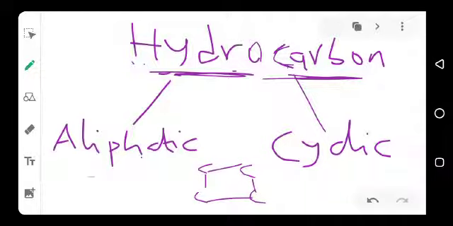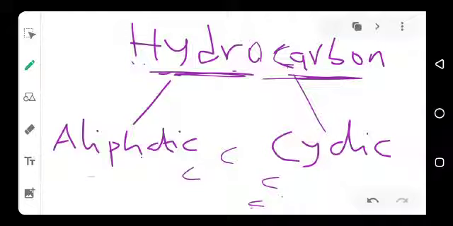Take for instance, if you have something like this one, it has 4 atoms, 1, 2, 3, 4, and all the 4 carbon atoms are joined together, they are closed. So anything that has a closed chain like this is called a cyclic hydrocarbon. Another example has 5 carbons, this joined to this, joined to this, and this joined to this finally.